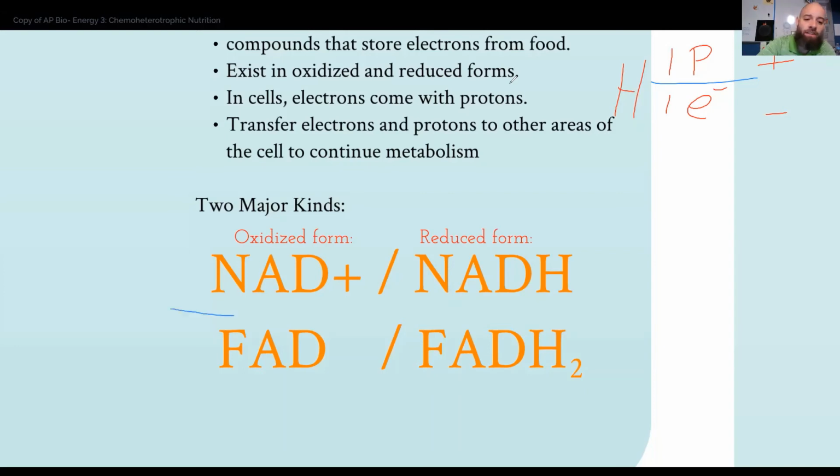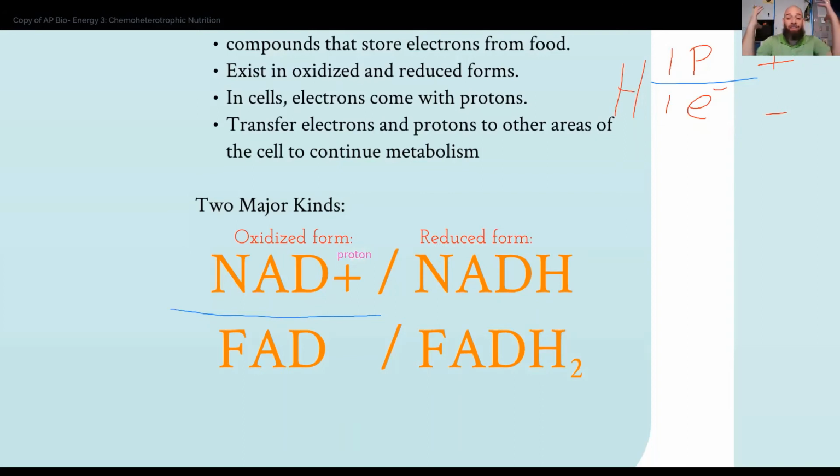So when I look at this form, NAD plus, what I actually have is NAD, and that plus is actually representing the proton that I have. That's what that plus sign is representing.